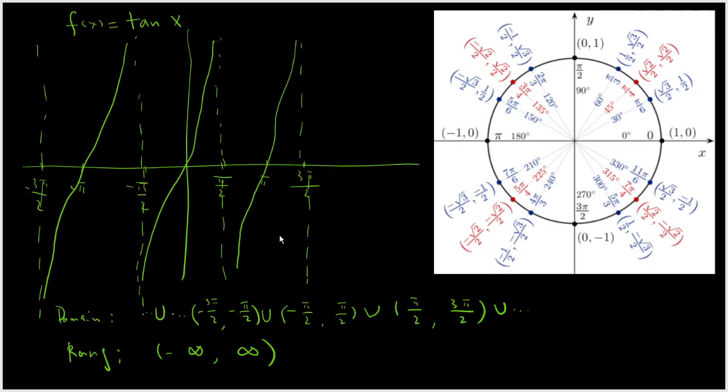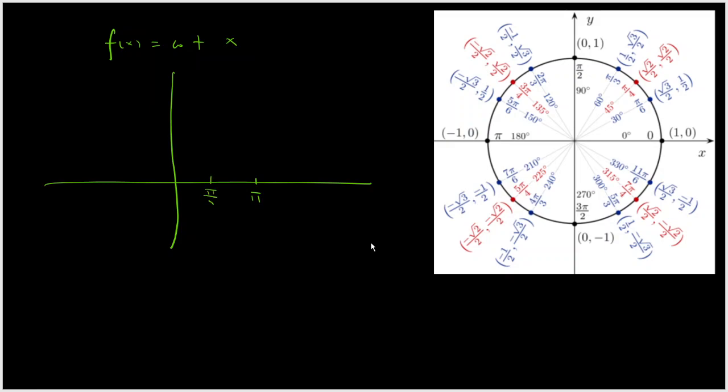I will make a little bit of comment on cotangent. Okay. If the function is cotangent of x, again, I will show you the computer sketch. I will show you my sketch.